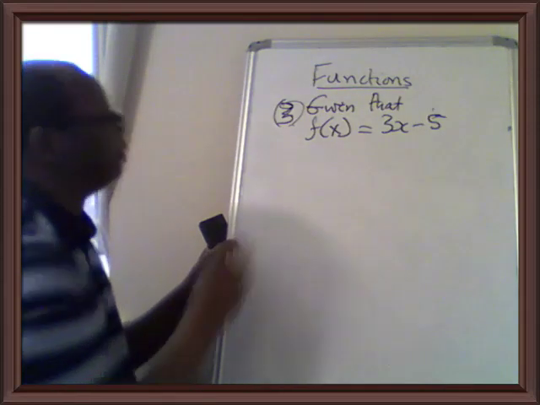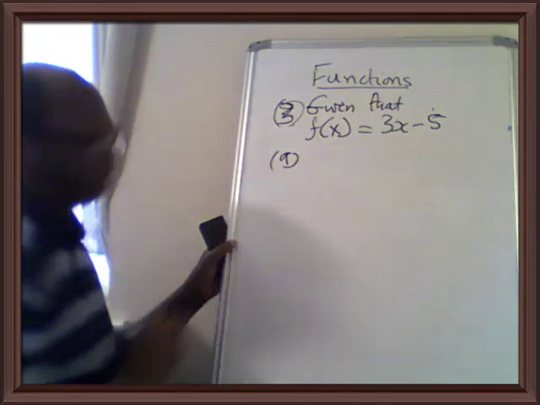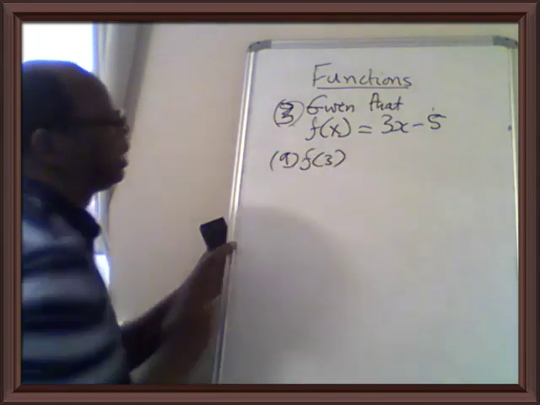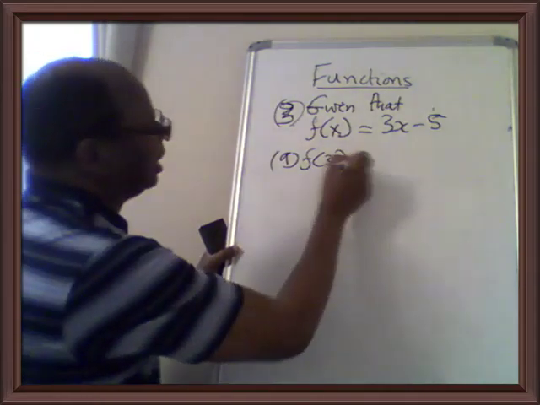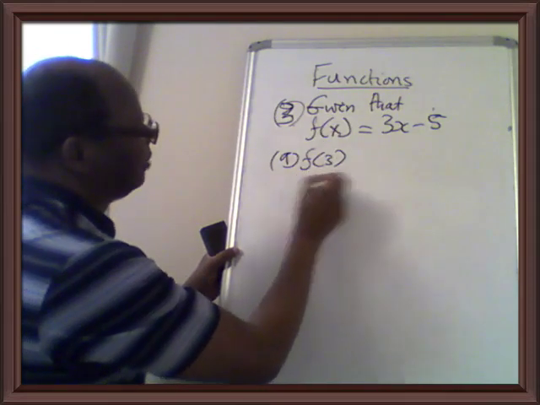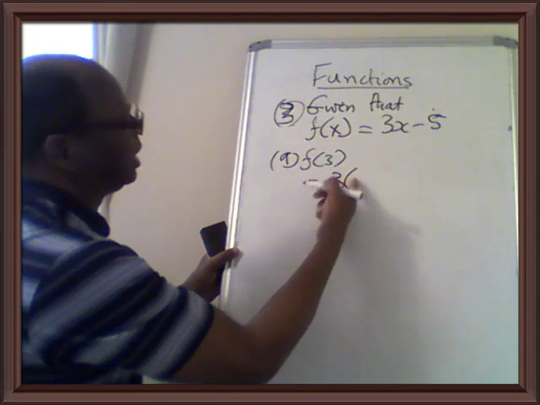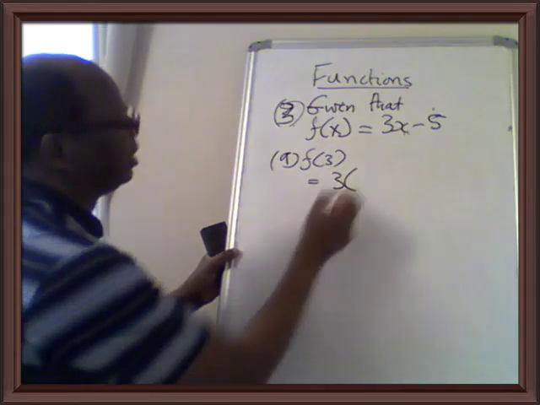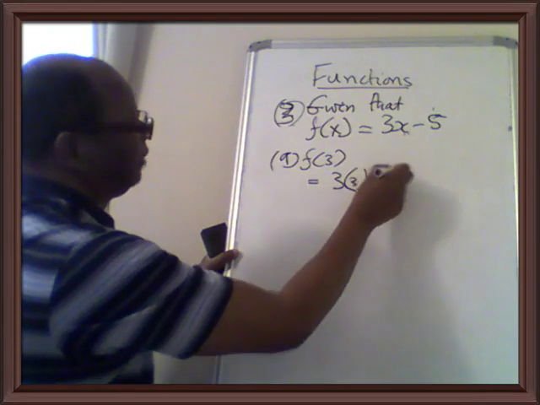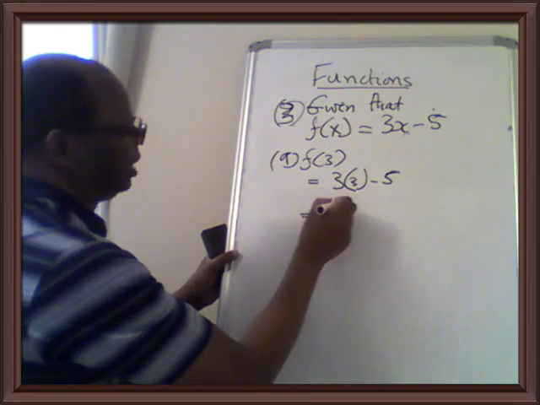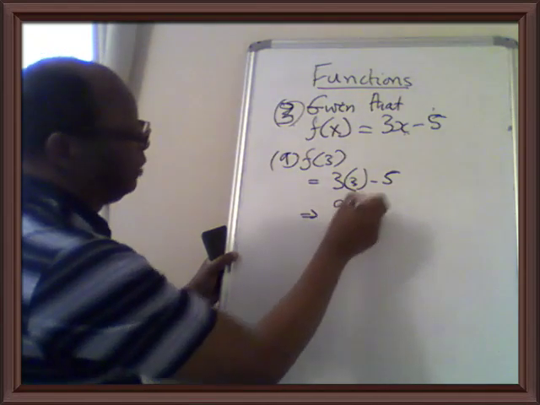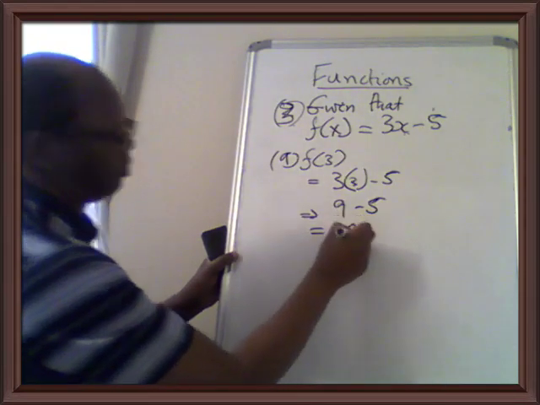A, find f of 3. Again, this is simple. All it's saying is wherever you see x, put 3. So it's going to be 3 bracket, there's x there if you look at this one here, and where there's x, I'm going to put 3 and then I subtract 5. 3 times 3 is 9 minus 5. So the answer should be 4.